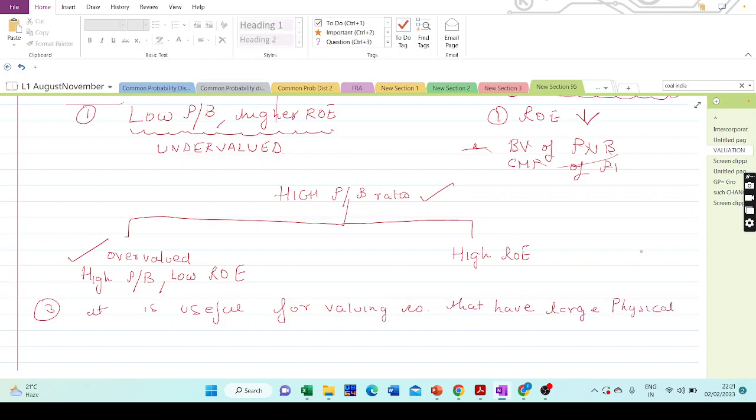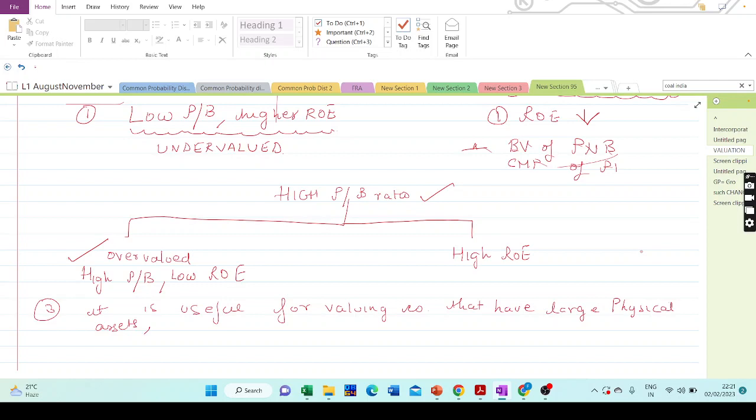Physical assets basically tangible assets. Tangible assets are assets that you can touch, like your plant and machinery, property, right? Your land. It's useful for valuing companies that have large physical assets.